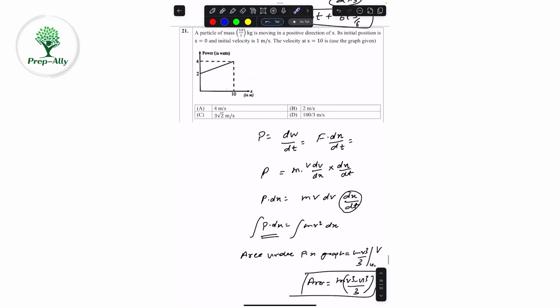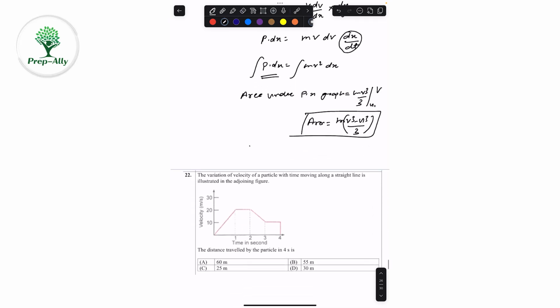Area of this graph, if I find, it's a trapezium, so area will be 2 plus 4, sum of parallel sides, into 10, which is height, by 2. So 2 plus 4 into 10 by 2 will be equal to 30.